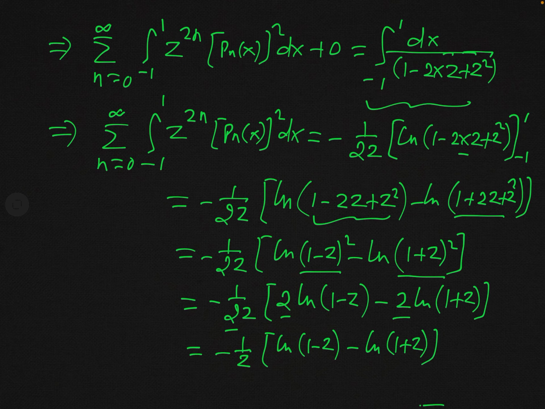Now we will simplify this to some extent. When you introduce this minus sign from outside of the square bracket inside the bracket, then this term will become negative and this term will become positive. So you can write this expression in this way. And what was in our LHS?